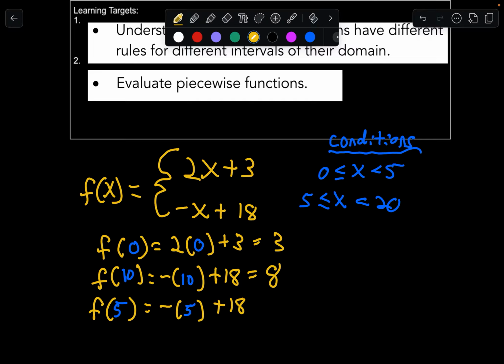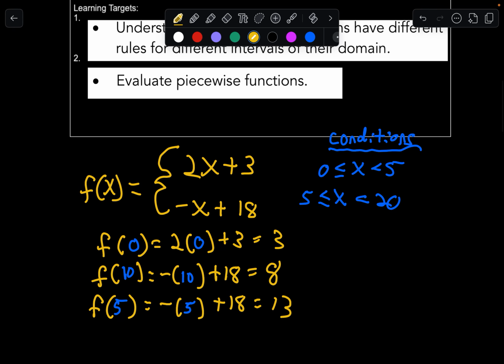That's 13. And it just so happens that if you use the wrong piece and you use the top piece here, putting 5 in, 2 times 5 is 10 plus 3 is 13. You would have gotten the same result, but that's not always the case. It's the case here because this function is what's referred to as continuous.